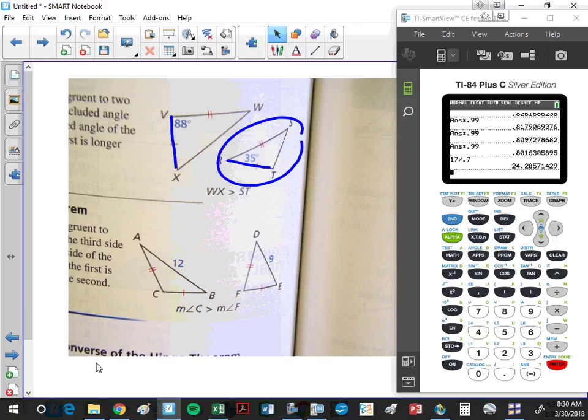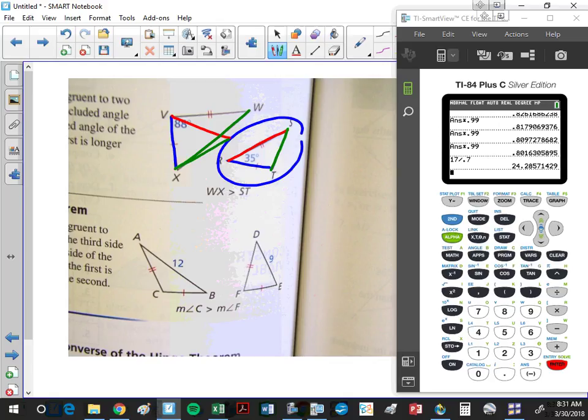So the second side, this one right here, is going to be something like that. And then when you connect the last side, this side right here would only be that long, and you can see that XW is longer than that. Does everybody understand that? A triangle that is more open has a third side that's larger than the other. Does that make sense? Okay.